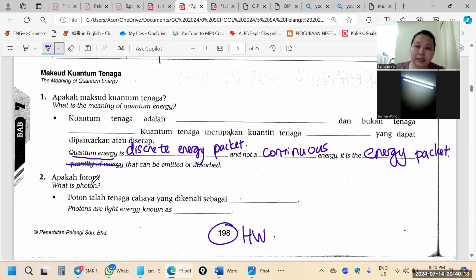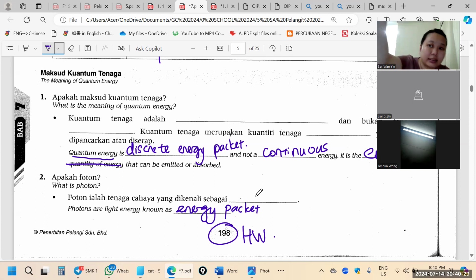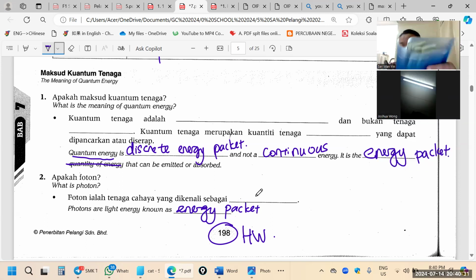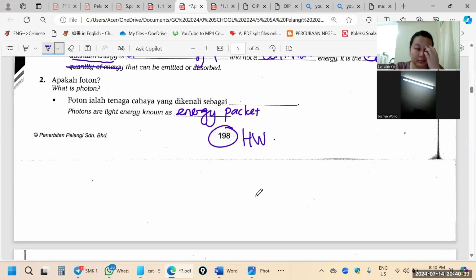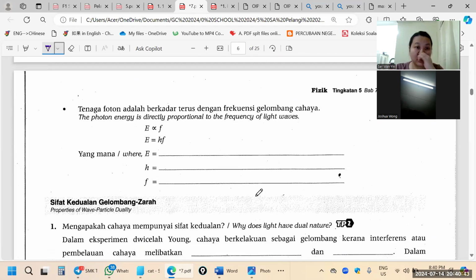Okay, so now what is photon? Photons are light energy known as energy packets. Okay, energy packet, one packet. Okay, so now comes the formula.